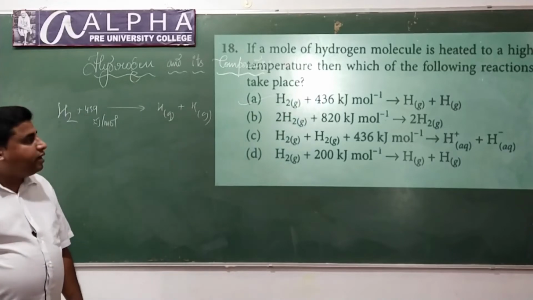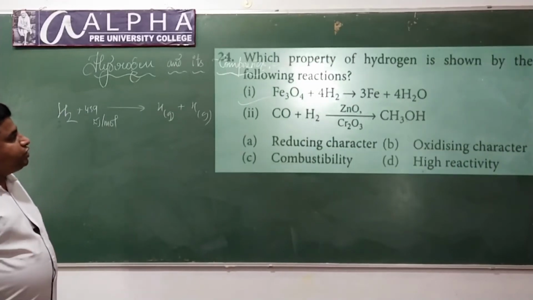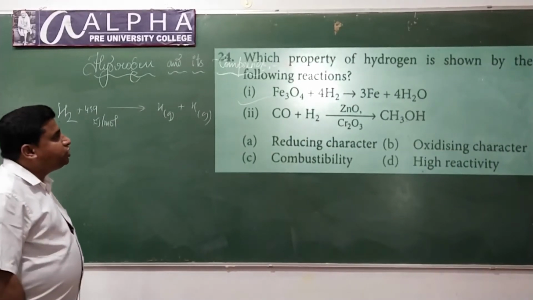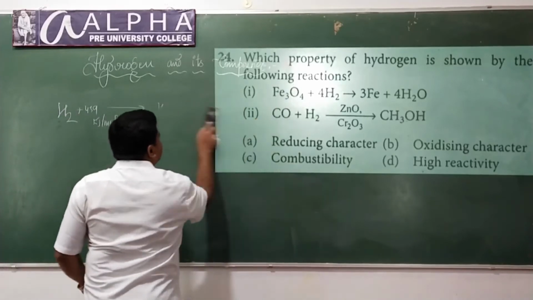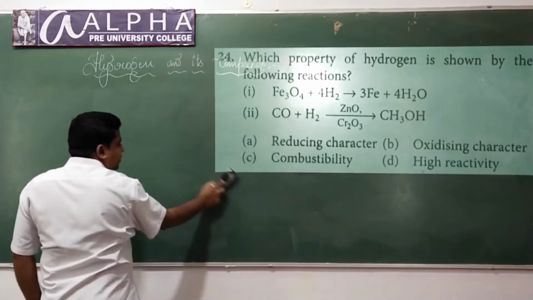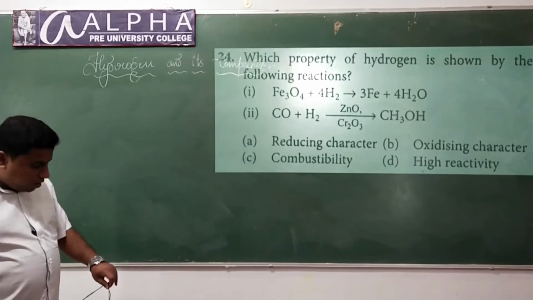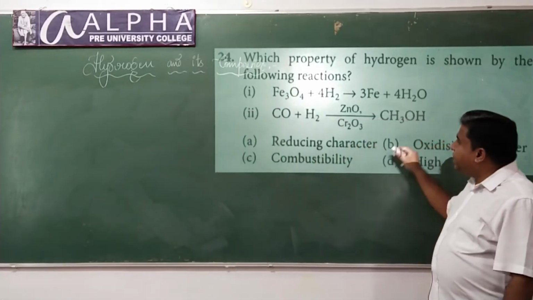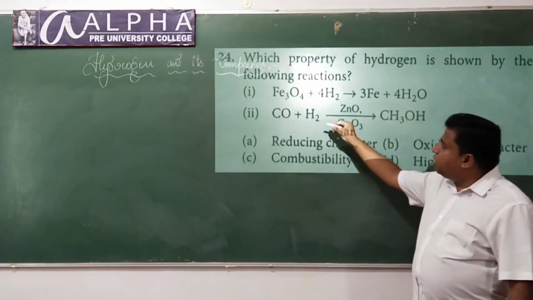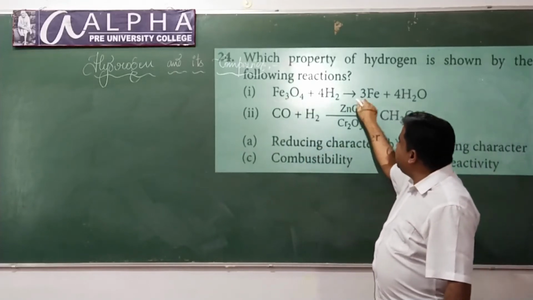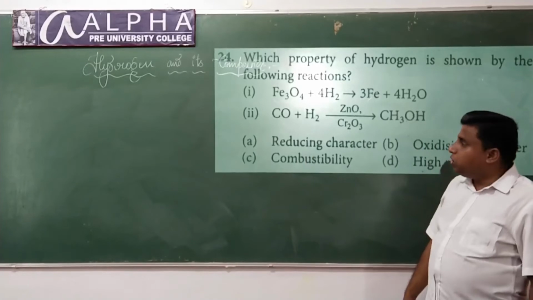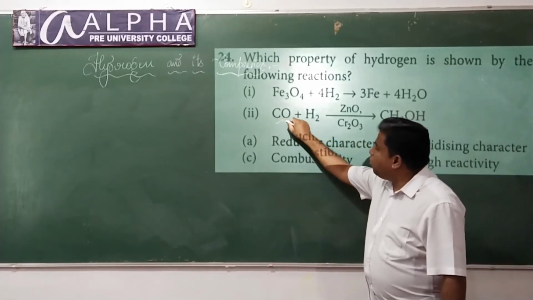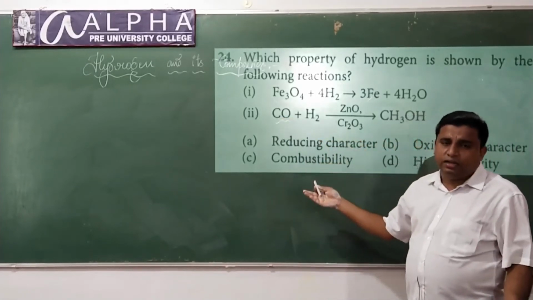Next question. Which property of hydrogen is shown in the following reaction? We discussed this. Observe the reaction, very simple. Fe3O4 is reduced to iron. What is reduction?